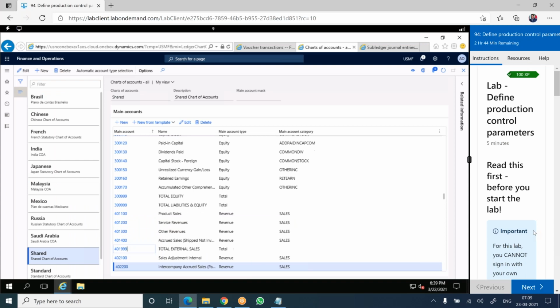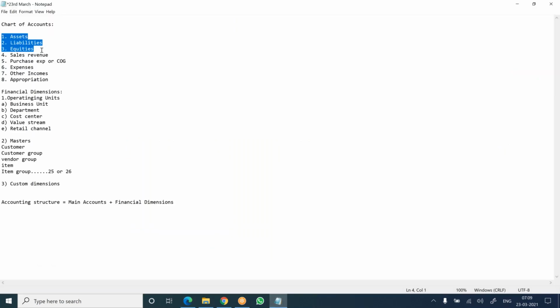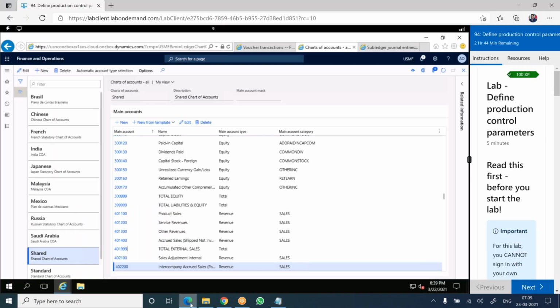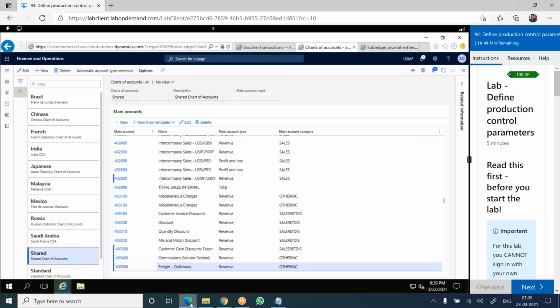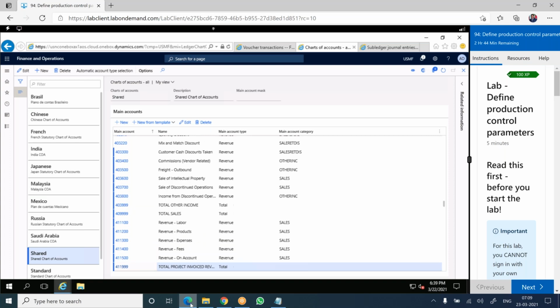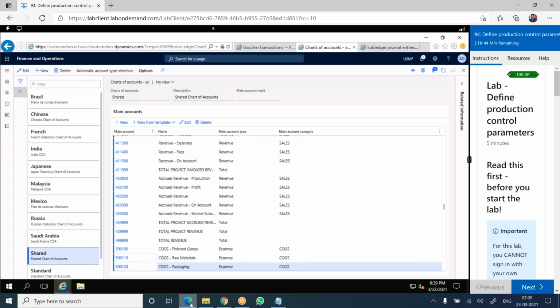1, 2, 3 series. 4 series is revenue, that is sales revenue. Next, 5 series, it is expenses.